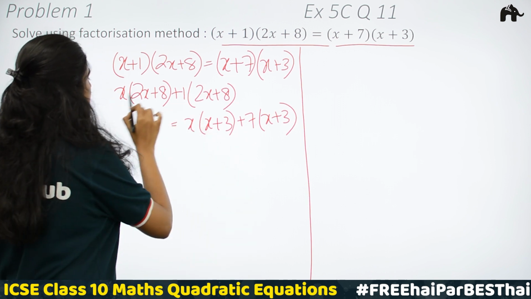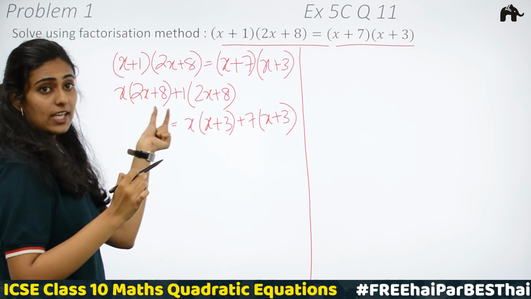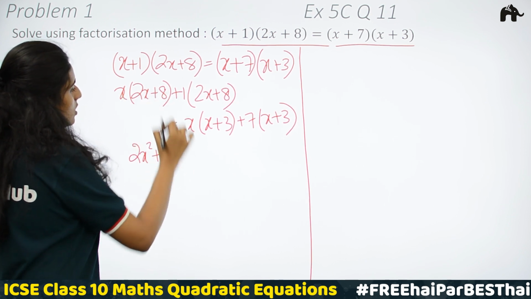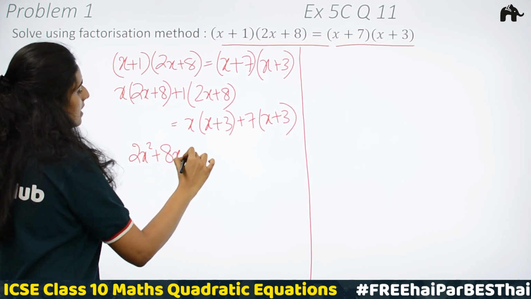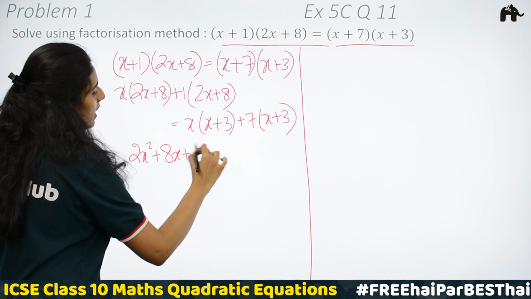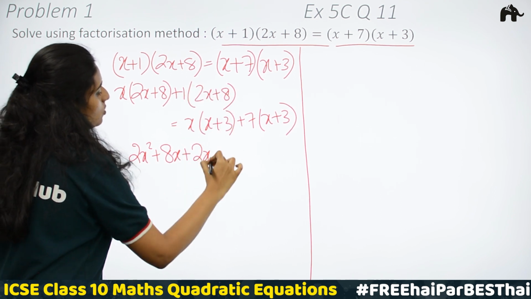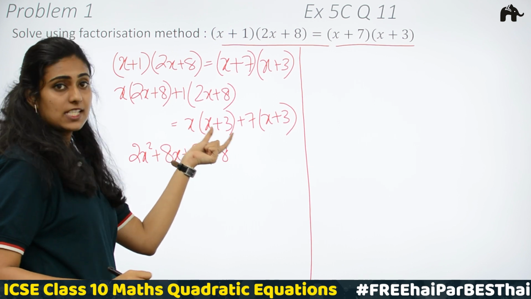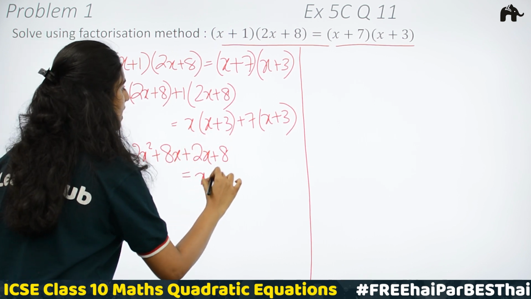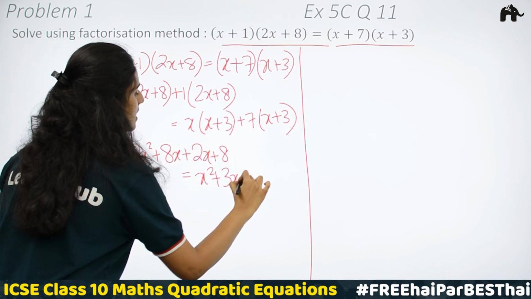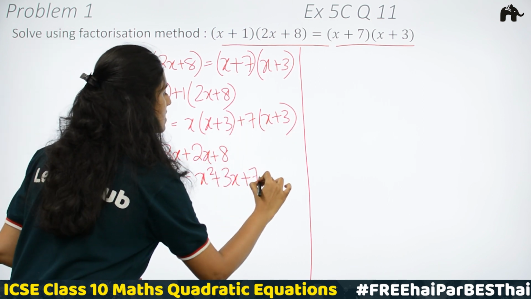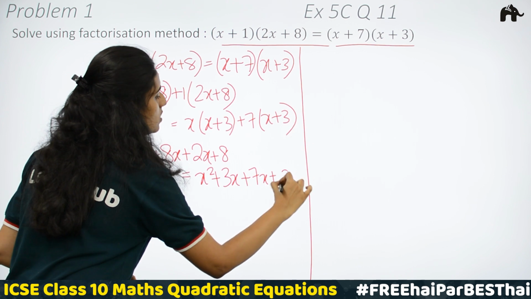x into 2x plus 8. x into 2x is 2x square plus x into 8 is 8x plus 1 into 2x is 2x, 1 into 8 is 8, is equal to x into x plus 3, that is x square plus 3x plus 7 into x plus 3, 7x plus 7 into 3 is 21.